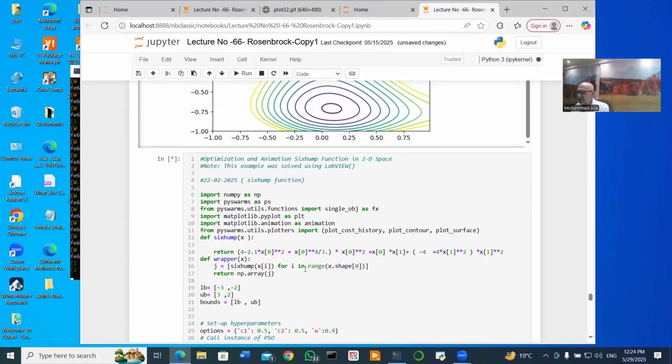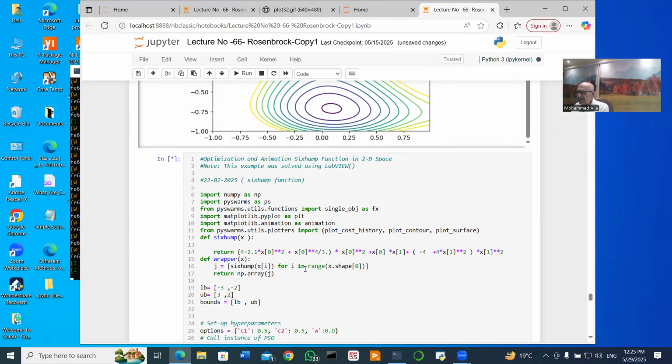With the Rosenbrock function and with the holder function, remember, we used the position history, which is included in the optimizer. We call the optimizer, and from there we call the position history, and we get an array of values X and Y for each particle.